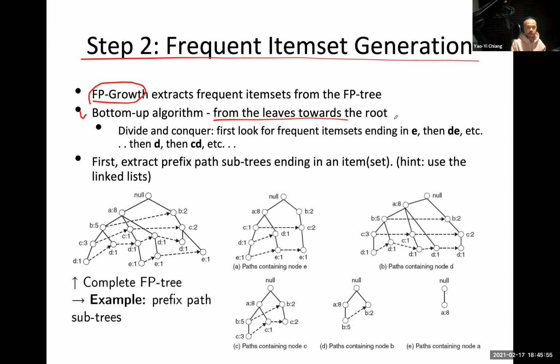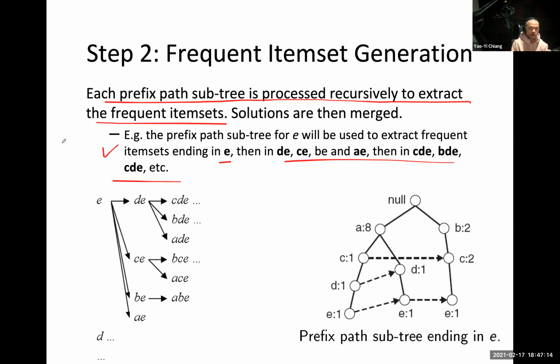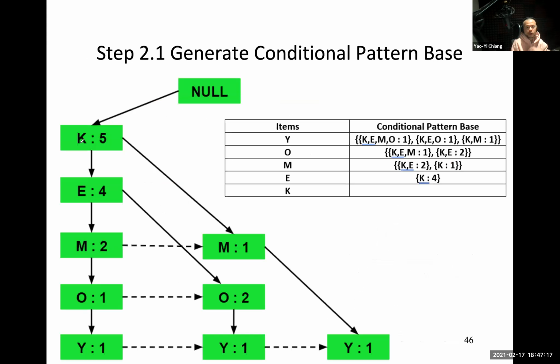But let's look at one example of how exactly this traversal works. So this is your FP tree, okay? Based on all your items, we now order them starting from the least support. And we say we want to look at this Y tree.